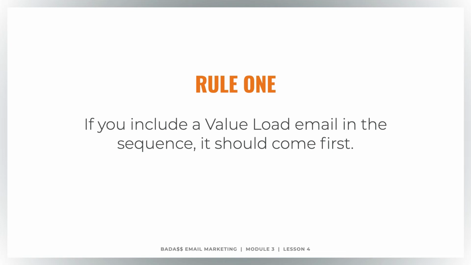The value load is essentially saying, this thing is crazy valuable, here's what's in it. That makes sense to be the first email in the sequence. Now, sometimes you're not going to send a value load because, for example, you had them land on a page where you already told them the offer. So they already know, and you might decide not to include a value load. But if you include one, it is the first email up.